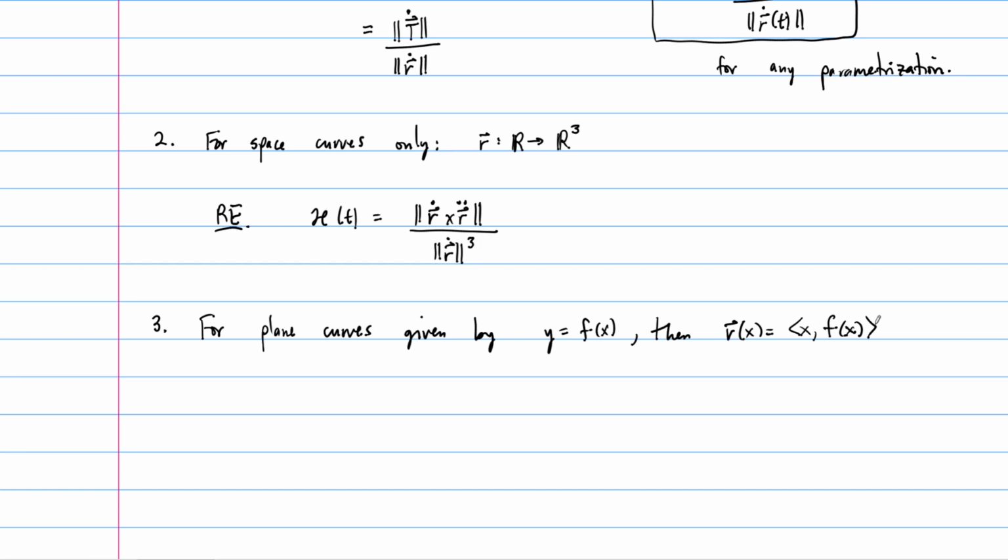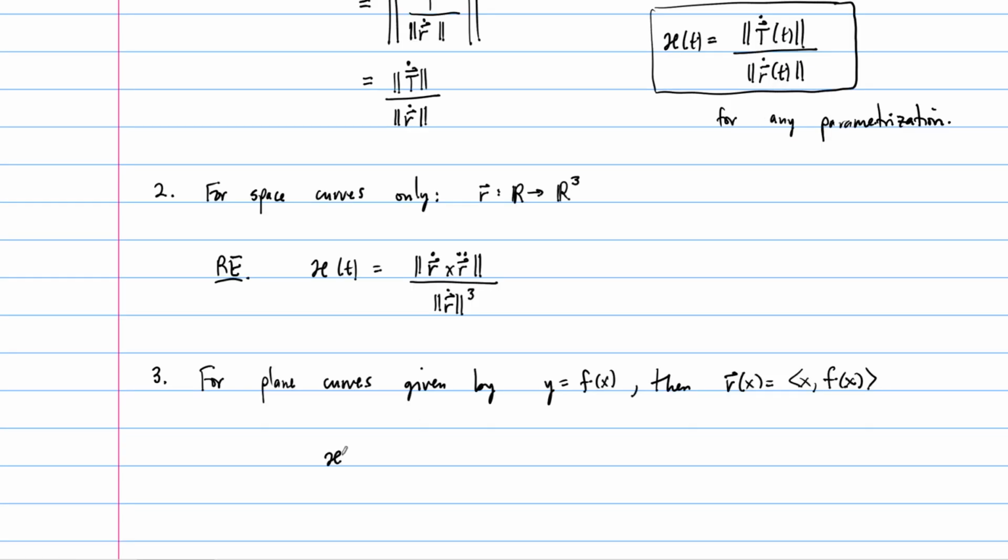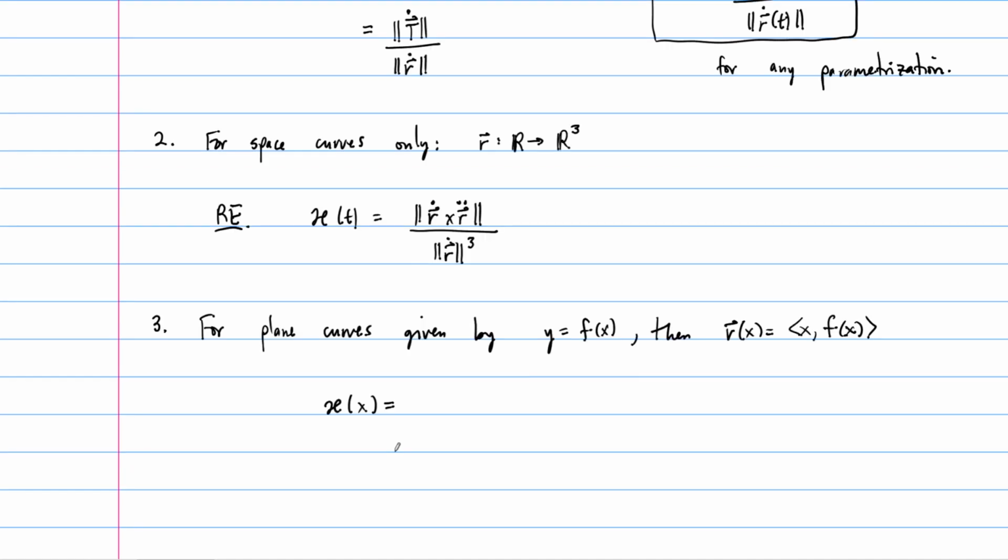And using this formula, not worrying about arc length, we obtain the following: the curvature as a function of x is given by the absolute value of the second derivative divided by the square root of 1 plus f prime of x squared, that whole thing cubed.